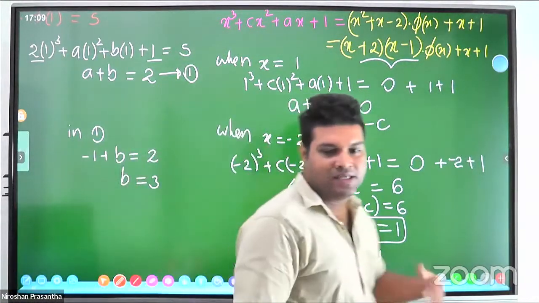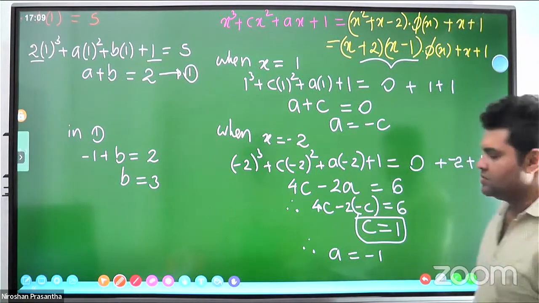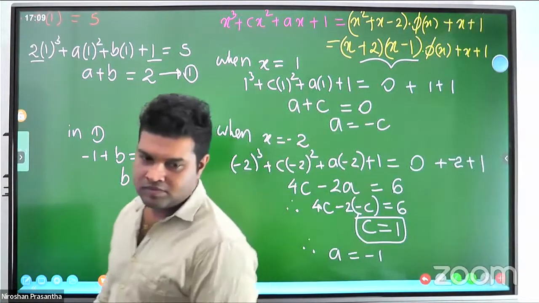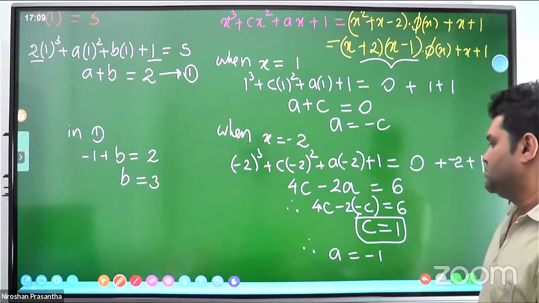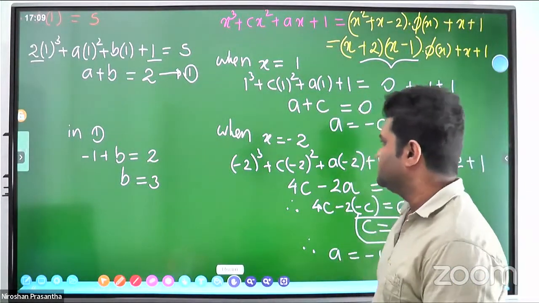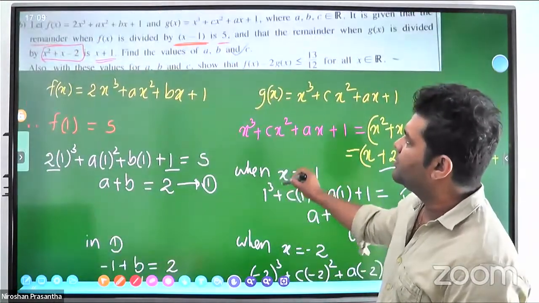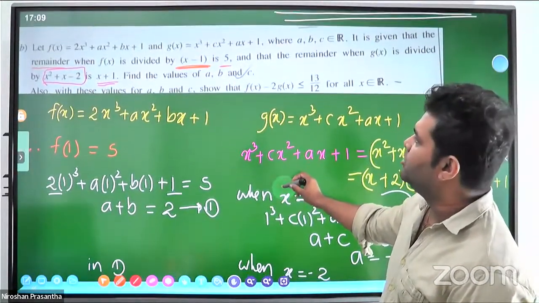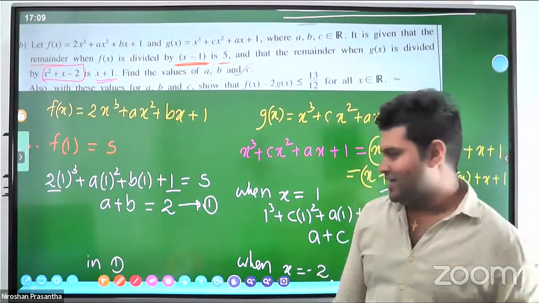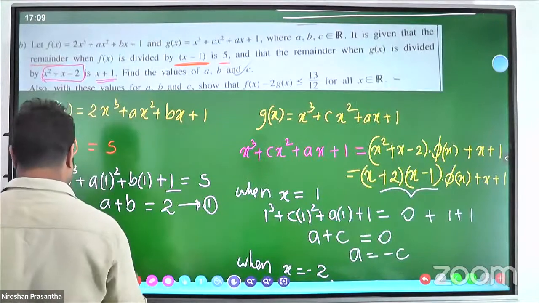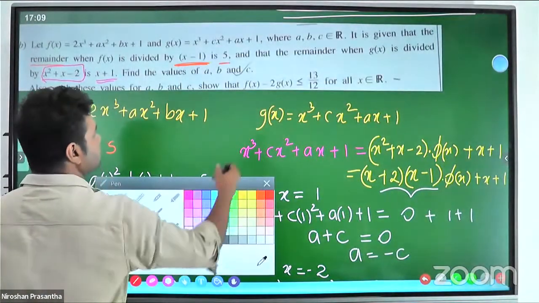Now we got the a, b, c values. We have done this question until these ABC values. It's perfectly okay.